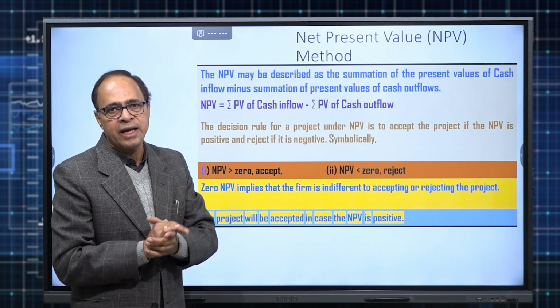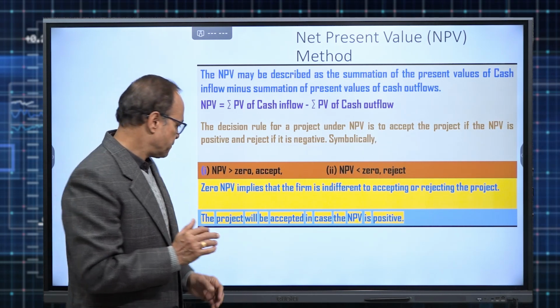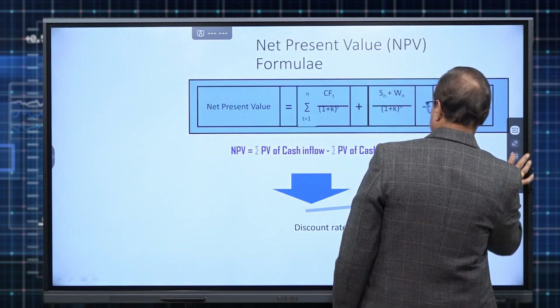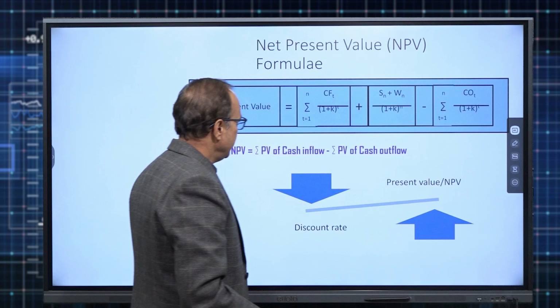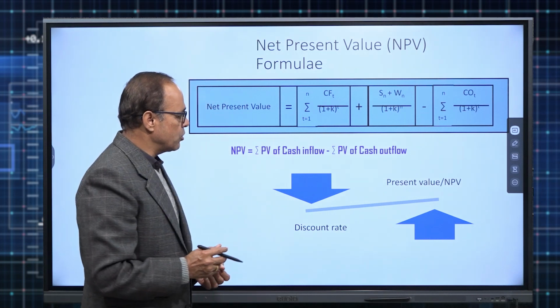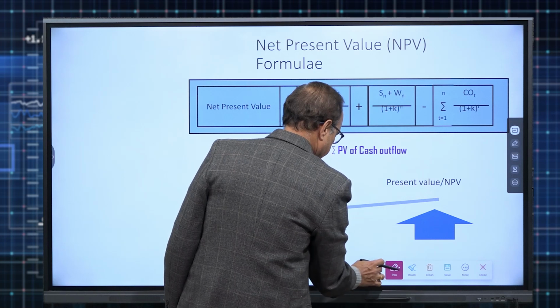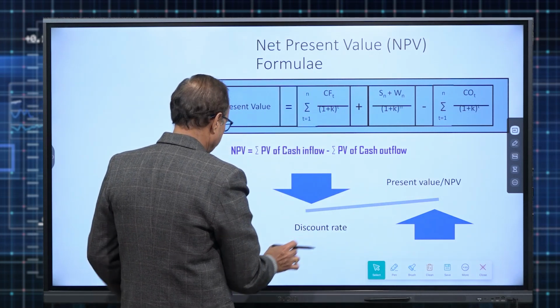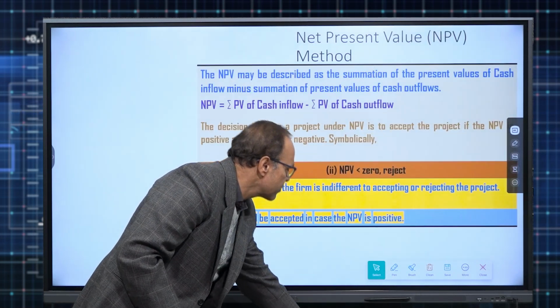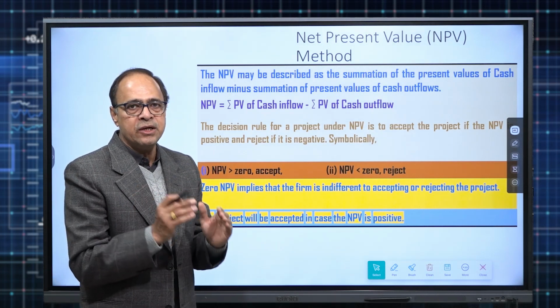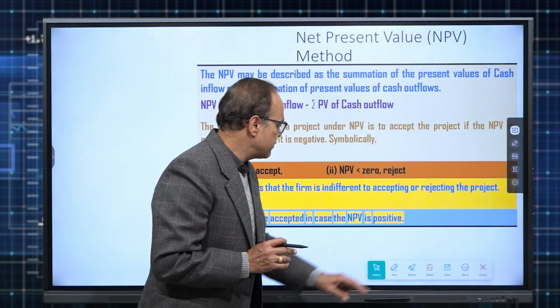Now why are we doing it like that? Suppose cash outflow in a project is 50 lakh rupees and the present value of that cash outflow is 50 lakhs.